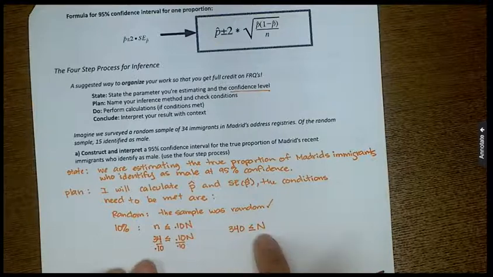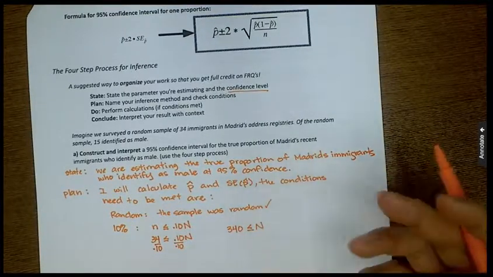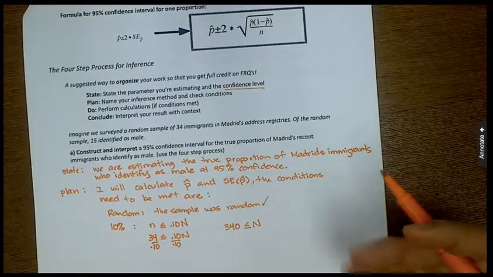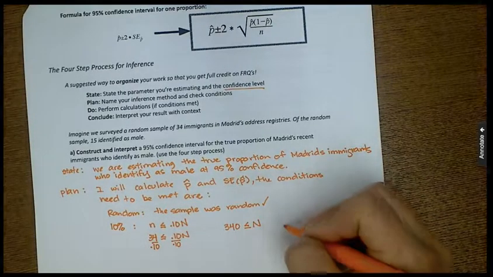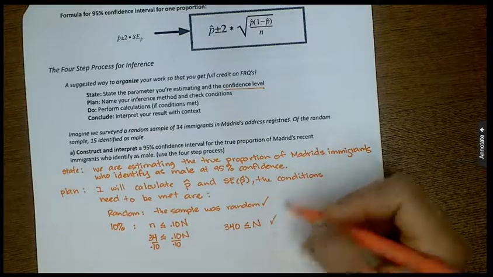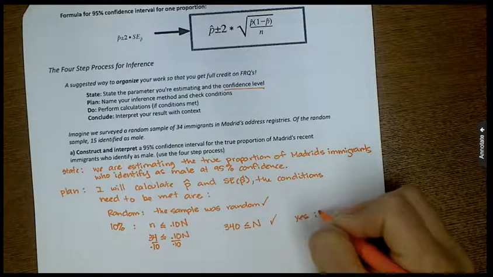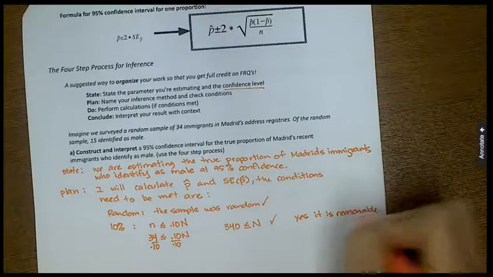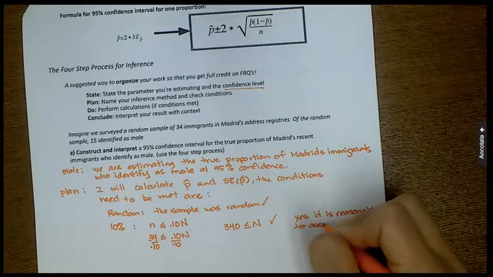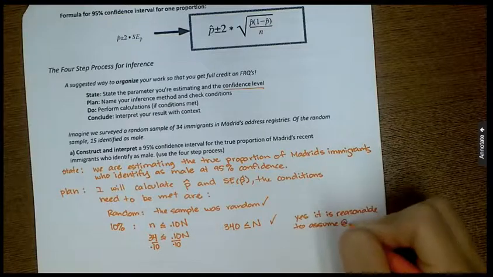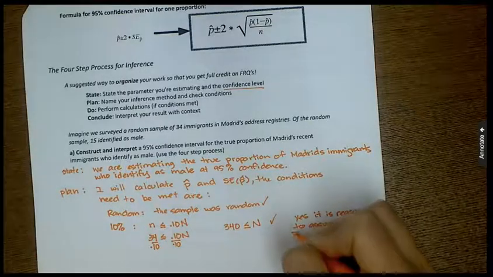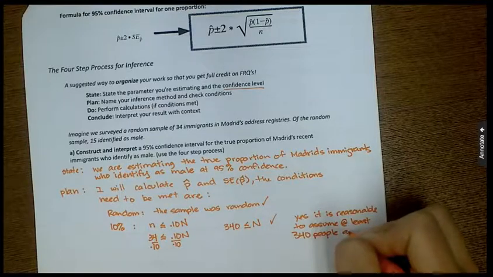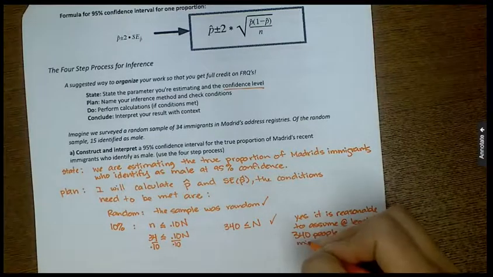And that is a reasonable assumption to make. It's reasonable to assume that there's at least more than 340 people immigrating into Spain. So we're going to say that this checks out, that yes, it is reasonable to assume at least 340 people are migrating to Spain.